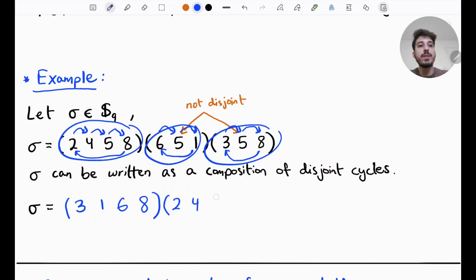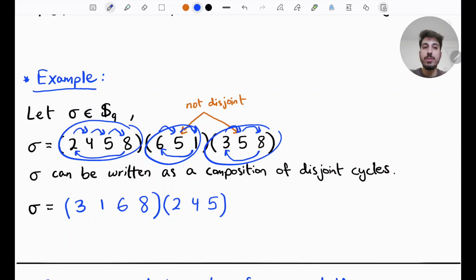So we just write 5 over here, and we see that 5 is being sent to 8. And here we see that 8 is being sent nowhere, so it's just 8 for the moment. We go to the left and we see that 8 is being sent back to 2. So instead of writing 2, notice there is already a 2 here. So we just close our parentheses and we say 5 is being sent back to 2.